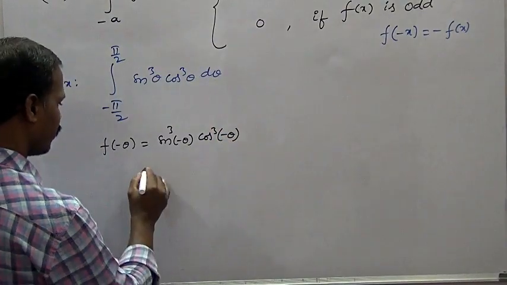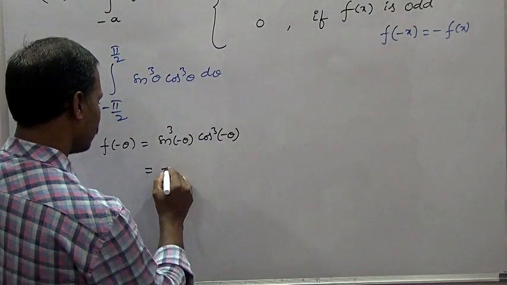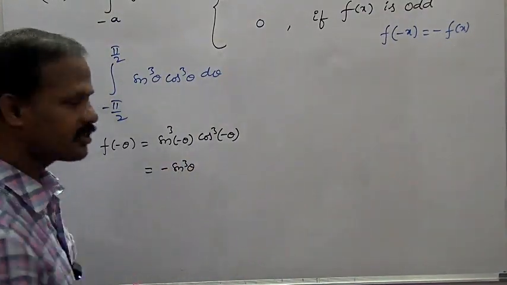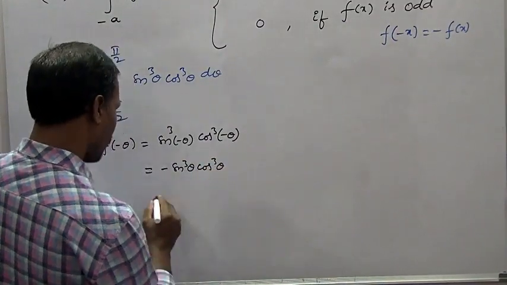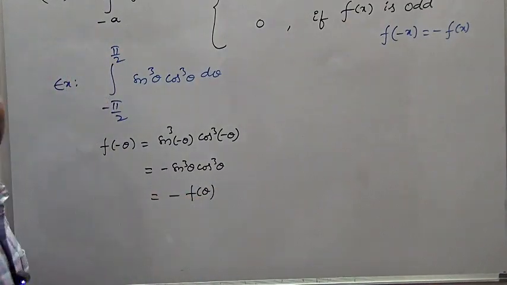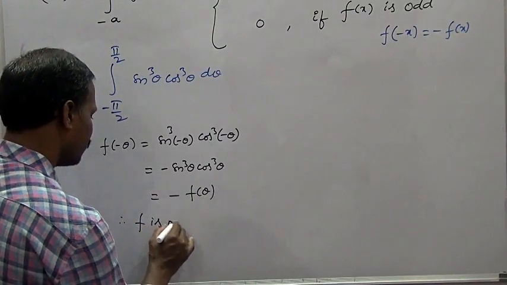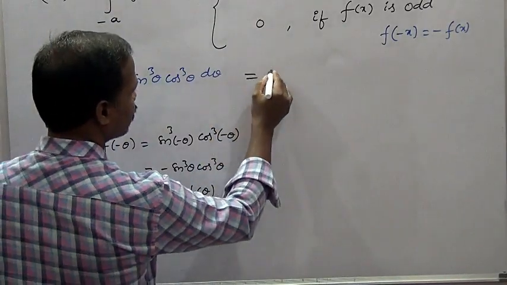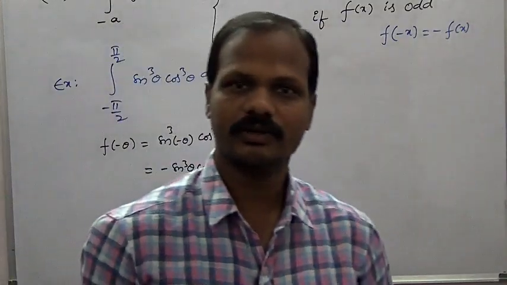Now sin of minus theta is minus sin theta, so minus sin cube theta, and cos of minus theta is cos theta, because cos is an even function. So cos cube theta. So what you will get? Minus f of theta. So it means it is an odd function. Therefore f is odd. So since f is odd, this becomes 0. Understood? Okay?